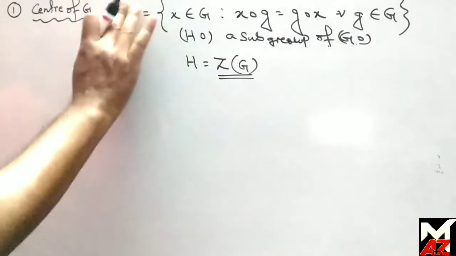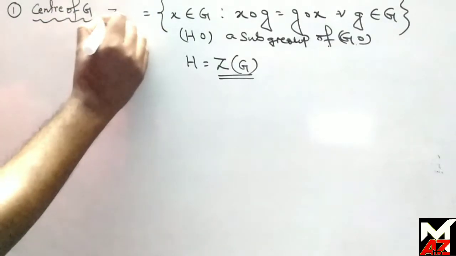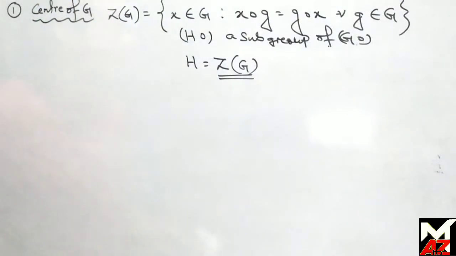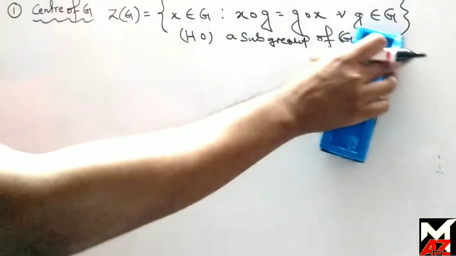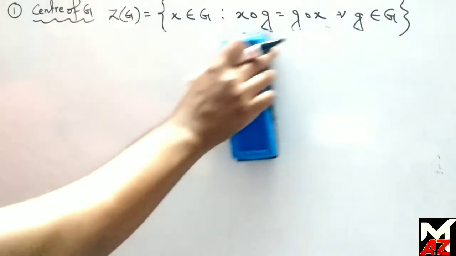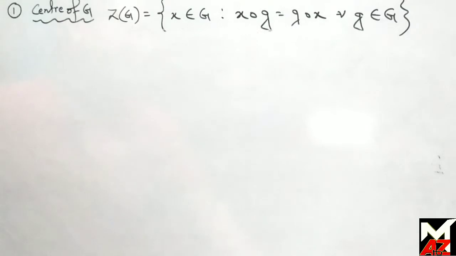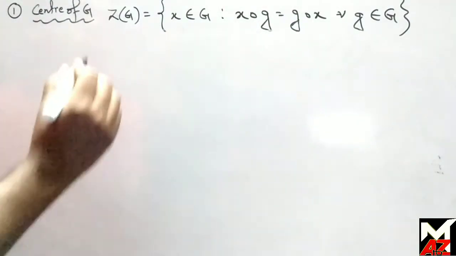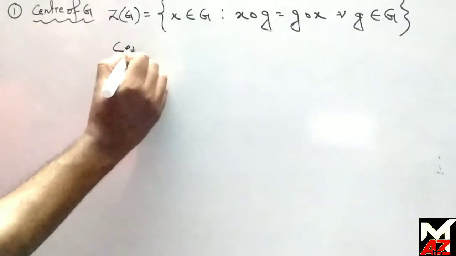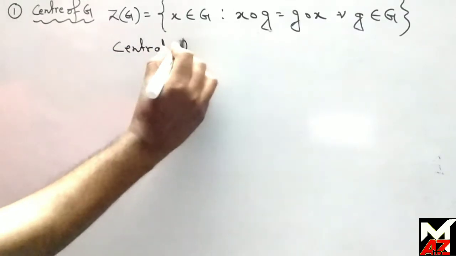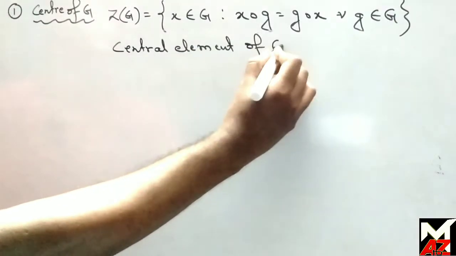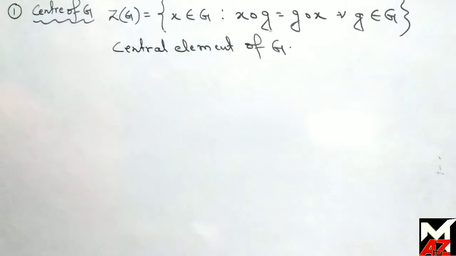And so we replace here H by Z of G. And all the elements of this subgroup, that is all the elements of the center of the group, are called central elements of G, right?